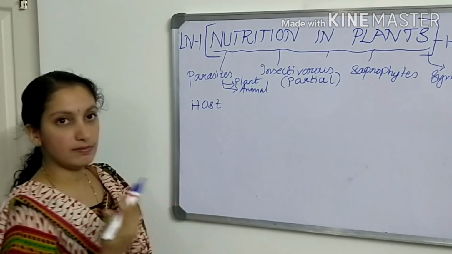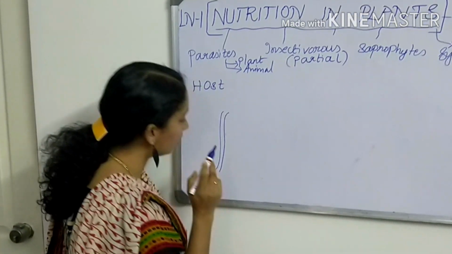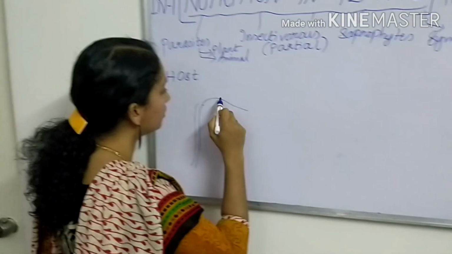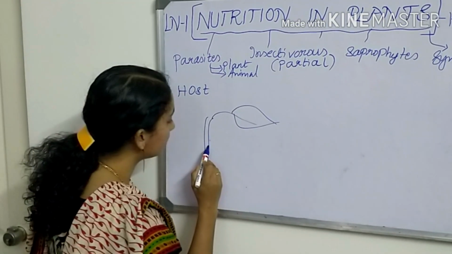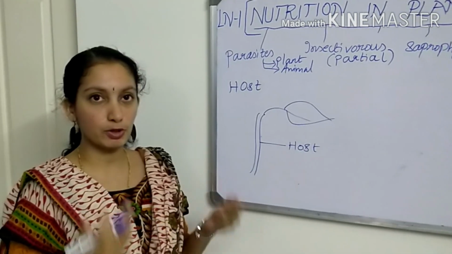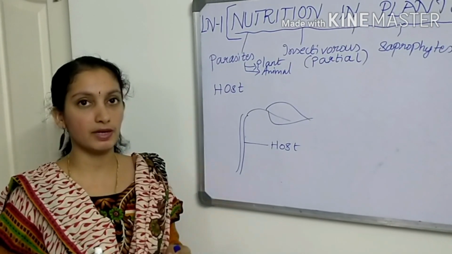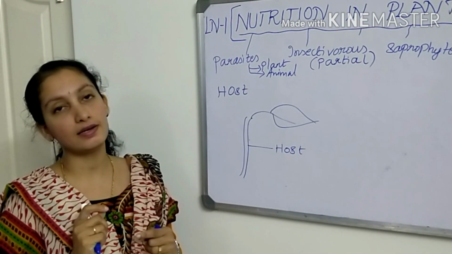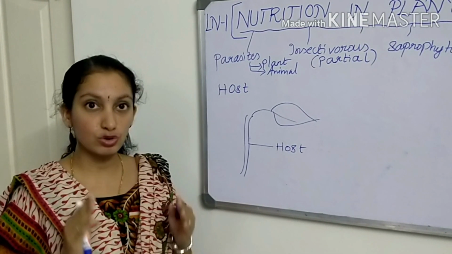I'll draw one diagram, then it will be clear. So if this is the plant which can produce food by its own, this is called as host. Another plant which cannot produce food by its own because it doesn't have the green color pigment chlorophyll appears in yellow color and has a tubular structure with roots.